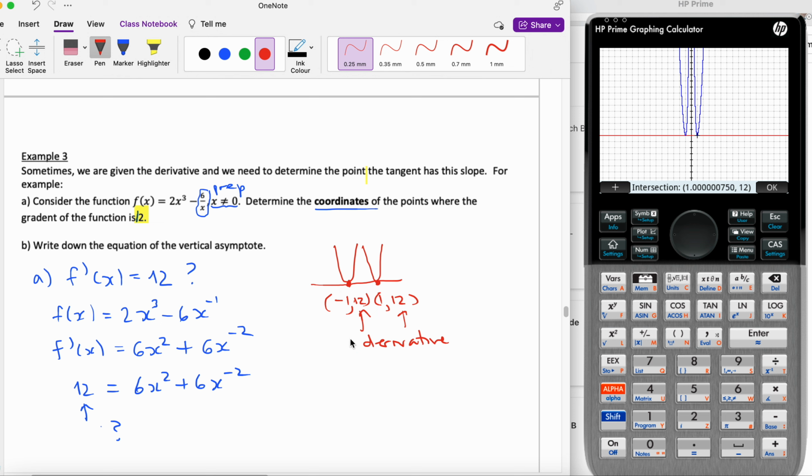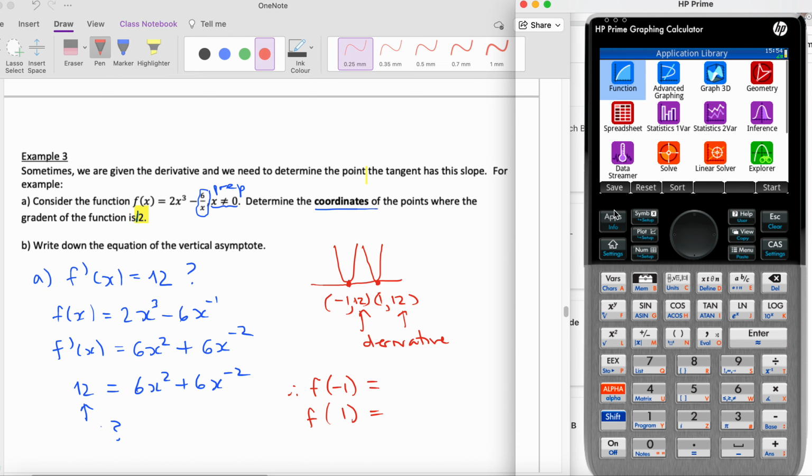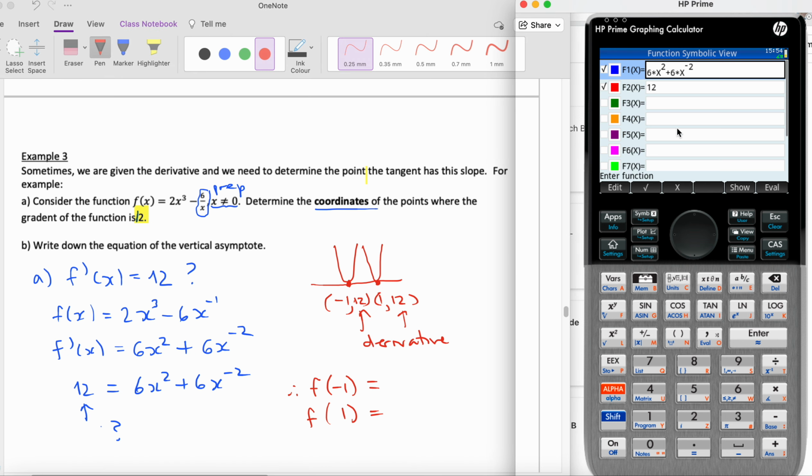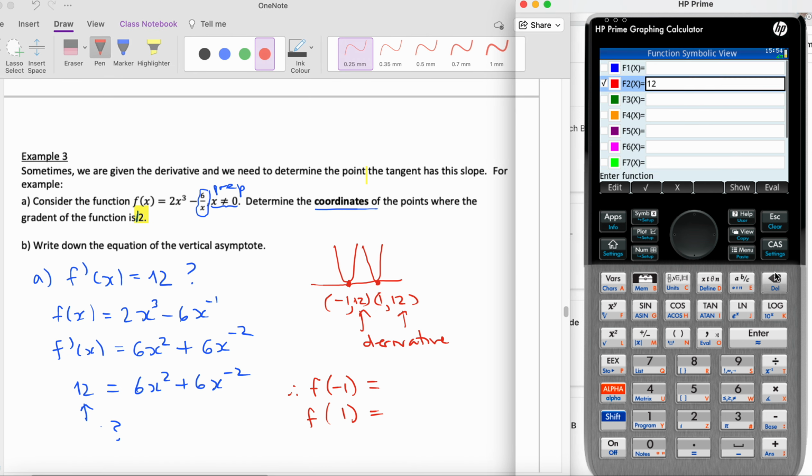In order for you to find the y value, we're now going to go to the original, and find f of minus 1 and f of 1, okay? So let's go to the calculator, because remember, what this was is the derivative, so I'm just going to get rid of that.